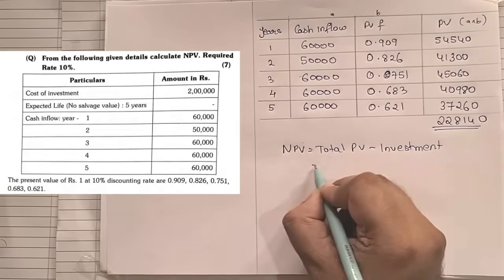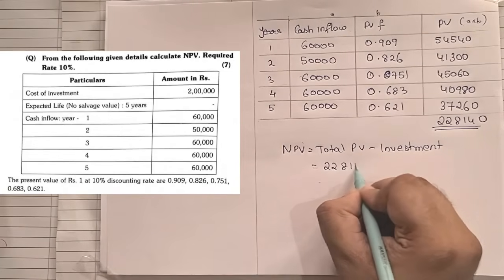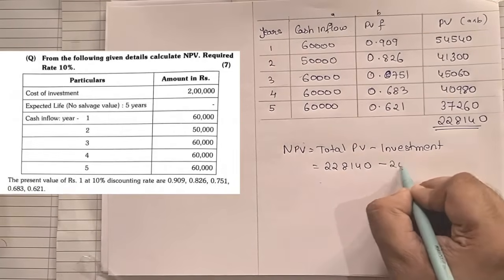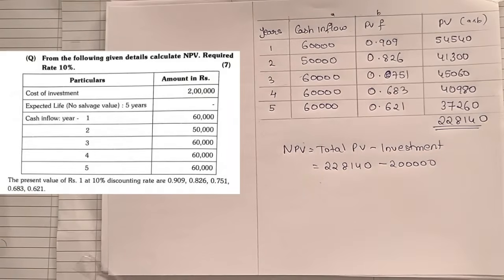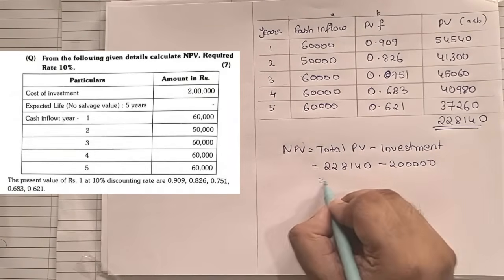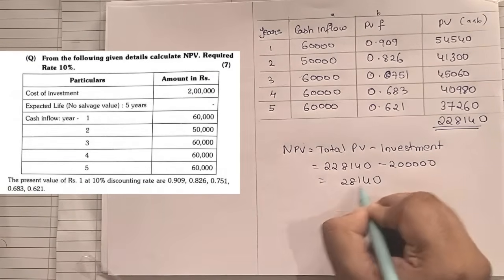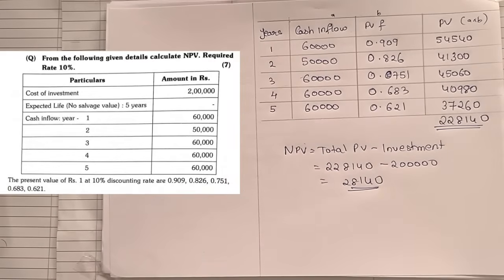Here your total PV was 2,28,140 minus initial investment, which is 2 lakhs. So yes, I'm getting my net present value as positive 28,140. In the question they have only asked me to calculate NPV. So this is how we had to calculate the value of NPV.